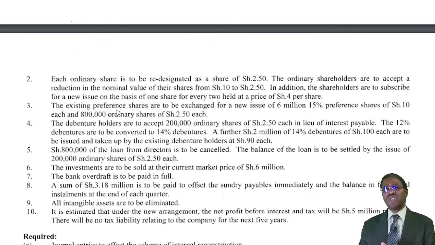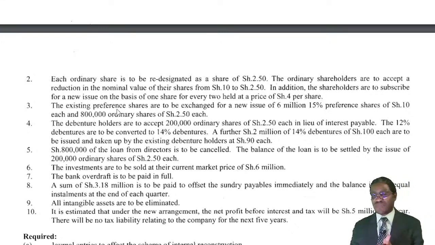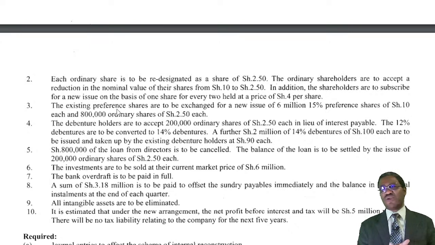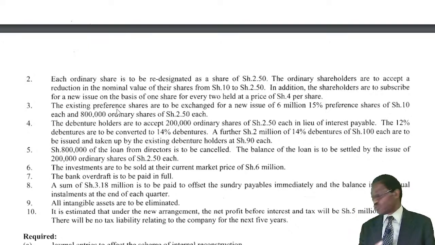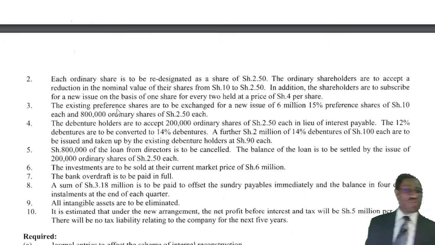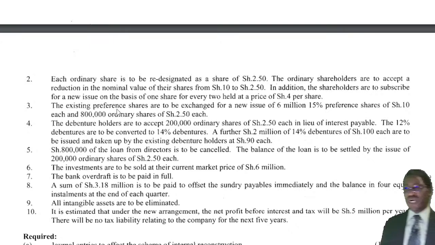We are told each share is to be redesignated as a share of 2.5, so the shareholders accept a reduction in nominal value from 10 to 2.5. So we are writing off 2.5 per share.